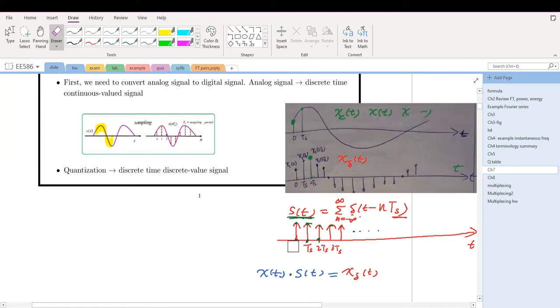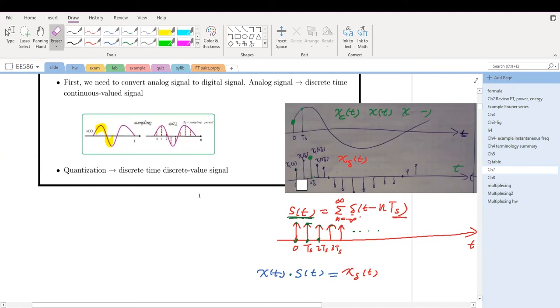For example, at time equals 0, n equals 0, so this delta of t multiplied by the signal, what do we have? We have a delta function, but scaled by the signal value at t equals 0. At time equals Ts, there's another delta function multiplied by the continuous time signal.